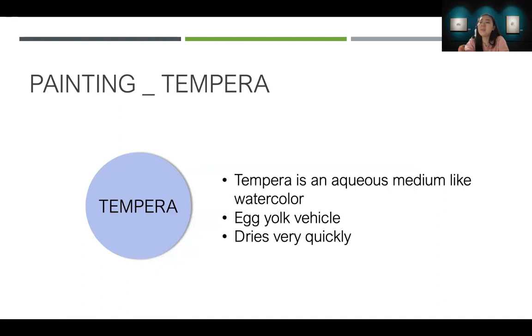Technically, tempera is a paint in which the vehicle is an emulsion, which is a stable mixture of an aqueous liquid with an oil, fat, wax, and resin. However, the most famous tempera vehicle is egg yolk.